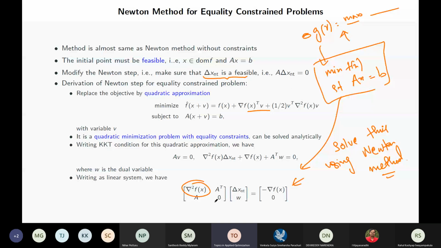If it doesn't, you will be led to a wrong answer. You have to maintain that all the new iterates you are producing are equal to b, because they need to satisfy the equality constraint, and that happens only when A times delta x nt is 0.